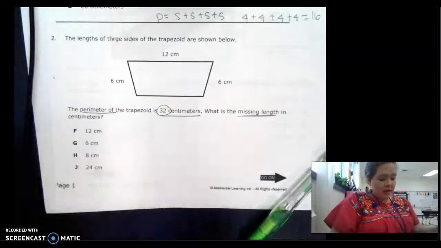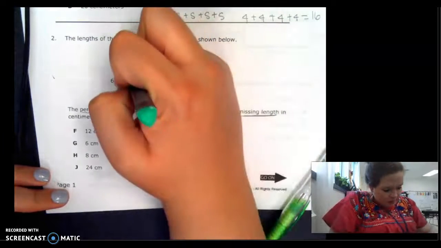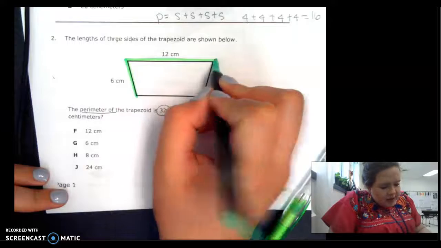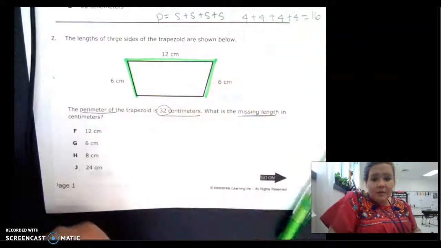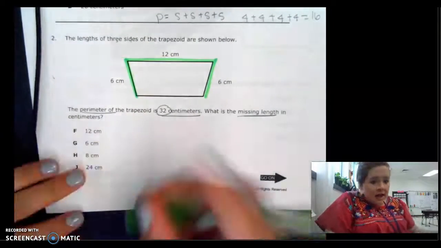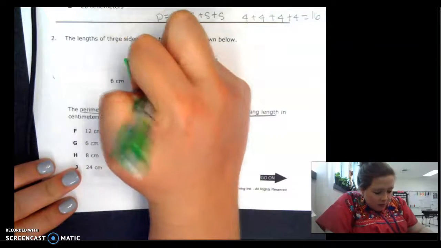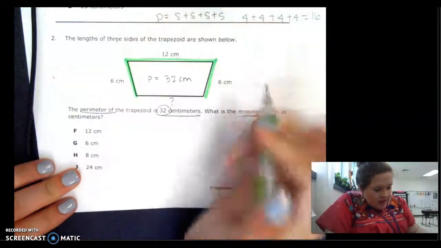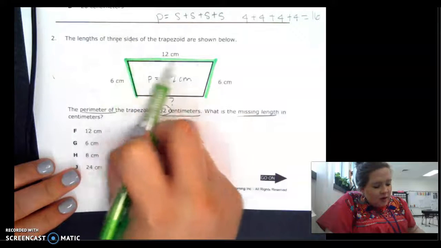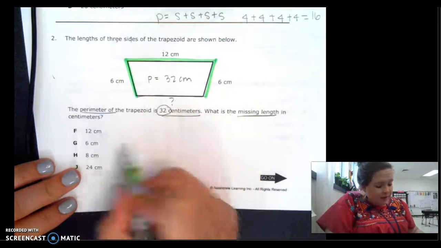Okay, so I know 6 centimeters, I know 12 centimeters, and I know 6 centimeters. I am missing this one right here. And I know that the perimeter is 32 centimeters. So the distance around the whole figure is going to be a total of 32 centimeters.